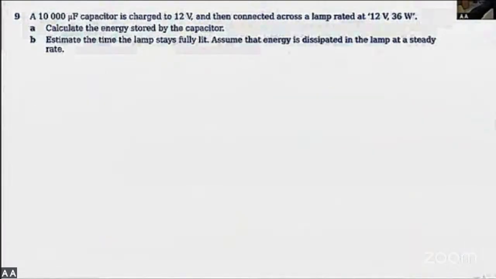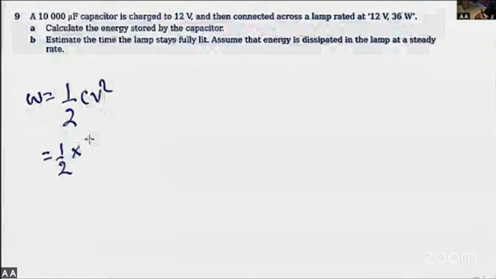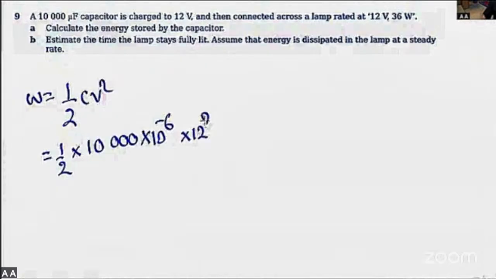Next, a 10,000 microfarad capacitor is charged to 12 volt and then connected across a lamp rated at 12 volt, 36 watt. Calculate the energy stored by the capacitor. Then we can use W equals half CV squared. C is 10,000 into 10 to the minus 6, and 12 squared.